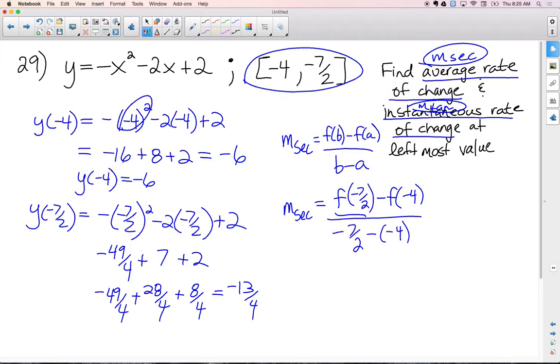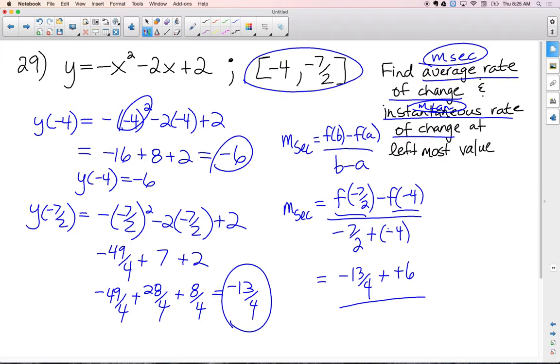Now we calculated these just a second ago, so that would be negative 13/4 minus negative 6. So it's going to really be plus 6 all over.